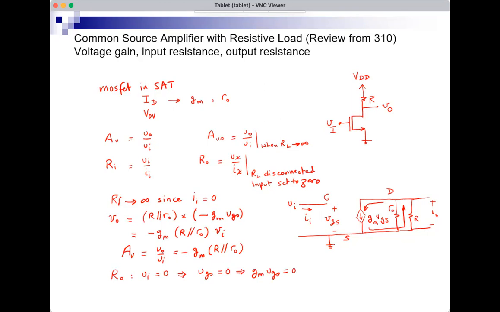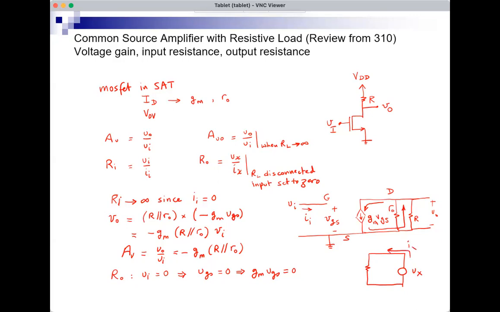The test source would be connected like this, and across its terminals, this is Vx, and this is the current Ix.